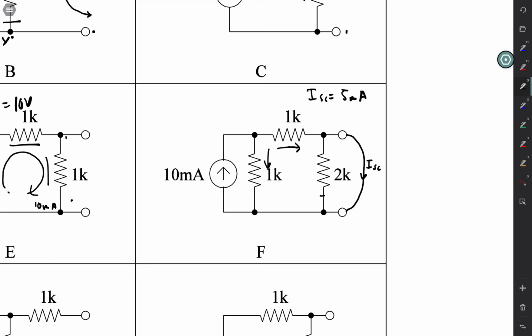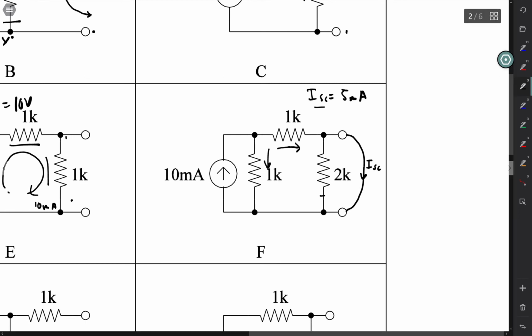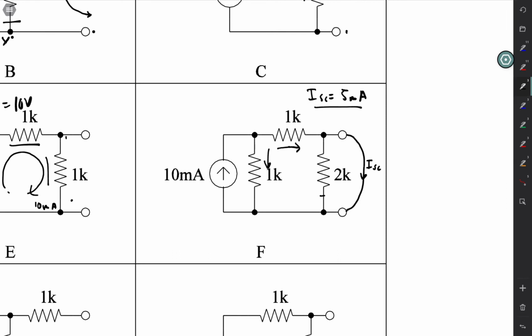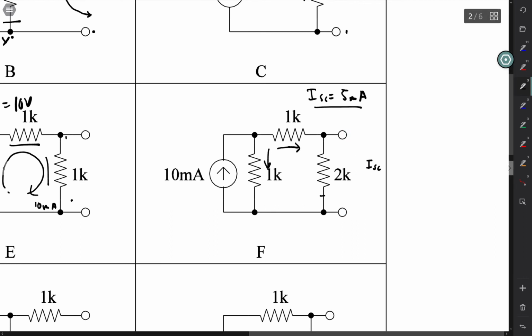That means I can use this, and when I calculate what the Thevenin resistance is, I can then calculate the Thevenin voltage. So if I remove this short circuit current, then I can calculate the Thevenin resistance by imagining putting an ohm meter between that point and assuming this is an open circuit. Then I would have this 2K in parallel with the series combination of this 1K and this 1K.